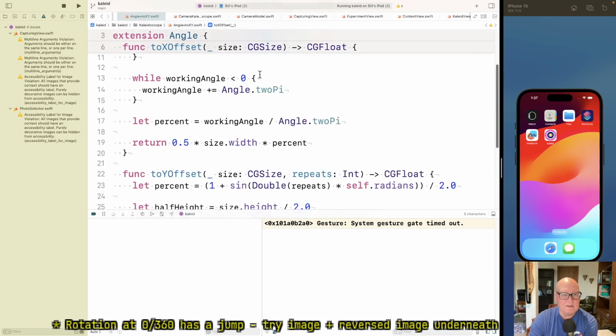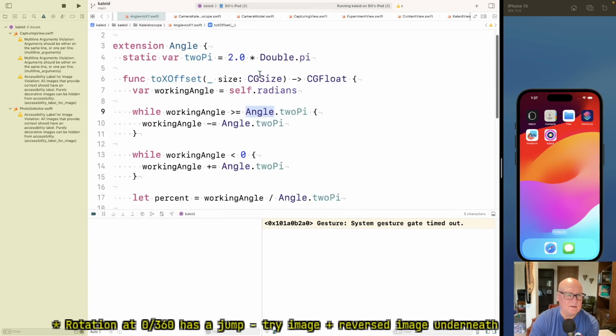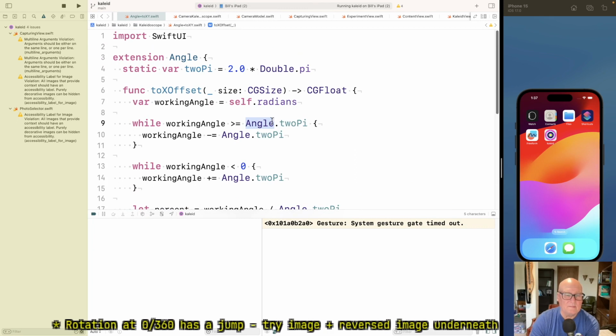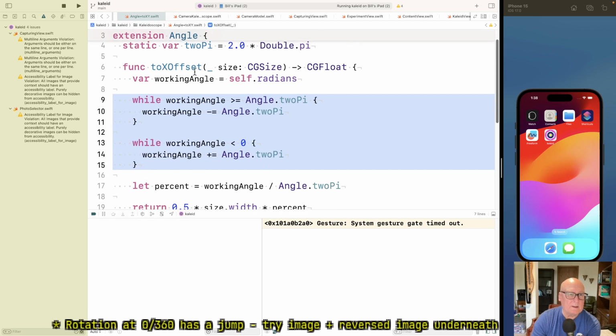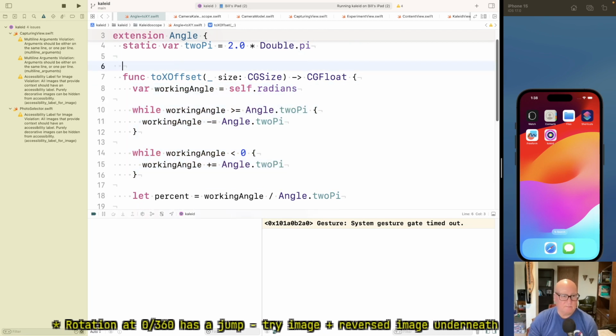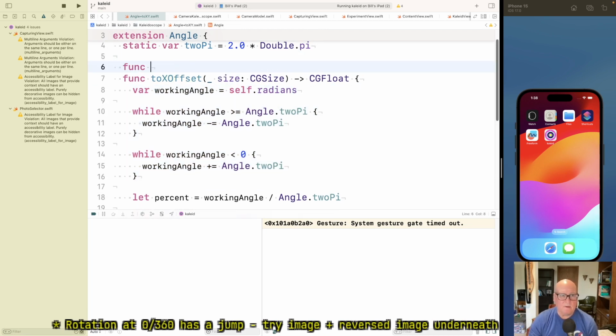Well, while I'm here, this code is its own thing. Okay, so let's make another function on angle.